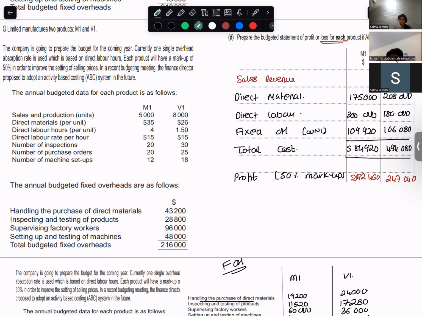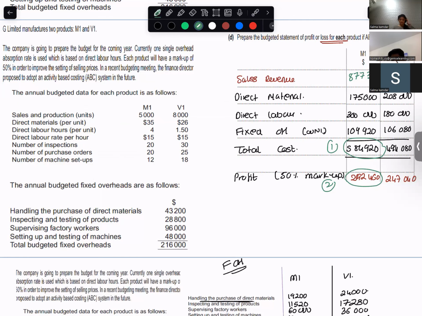For M1 it is 877,380, and for V1 it is 741,120.